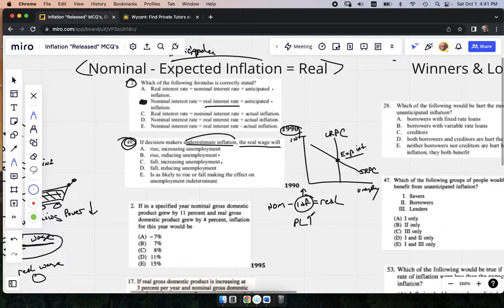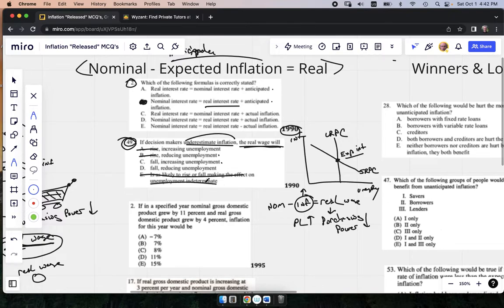Anytime price levels go up or inflation goes up, I know that real wages have to go down because I know purchasing power, we can buy less stuff, has gone down due to those higher prices. So I can already know that it's got to be a fall in the real wage. I know purchasing power, real wages are going down.